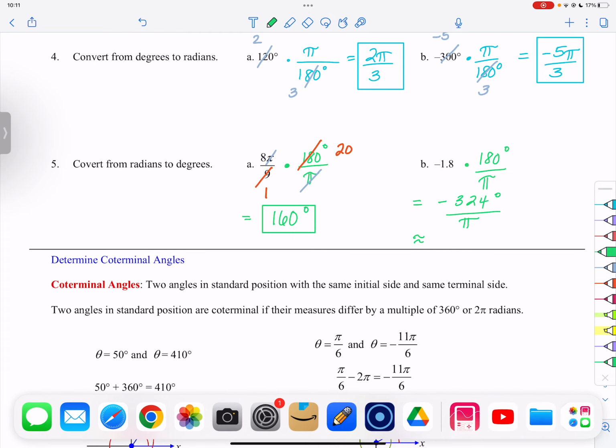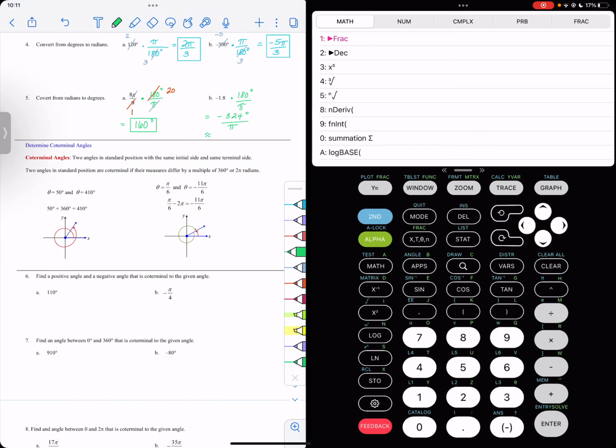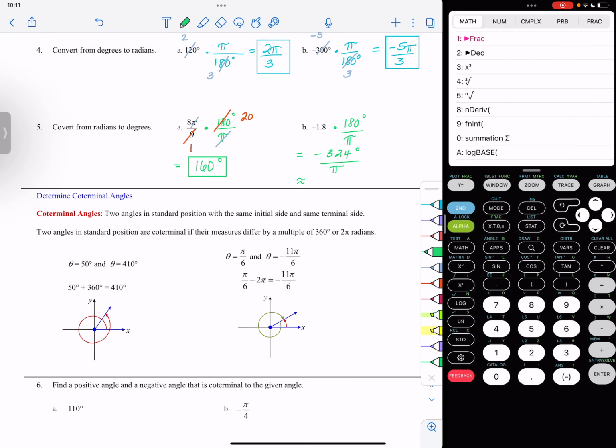Now, if you put that in your calculator, I'll show you how to do that. So if we go ahead and put a negative 324, and we divide that, and as you can see, pi is above this arrow, but we need to have second arrow up. And there we will get an approximation.